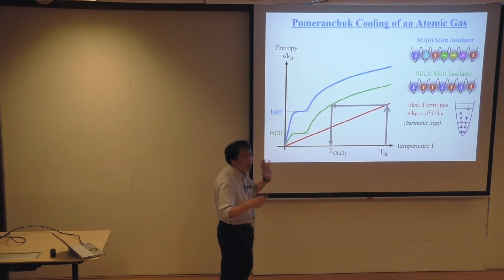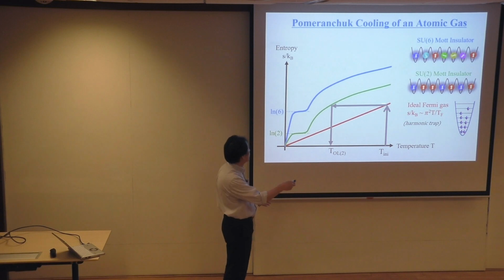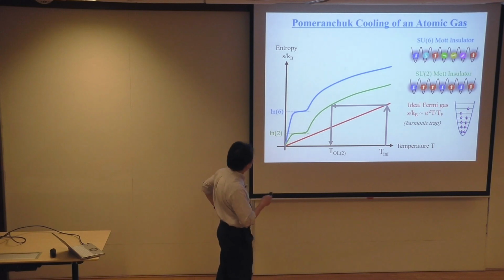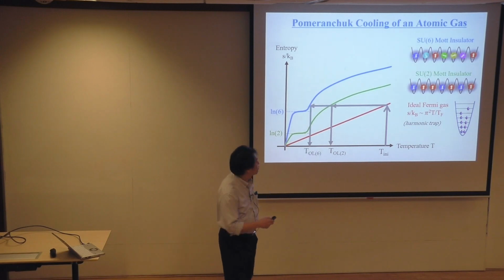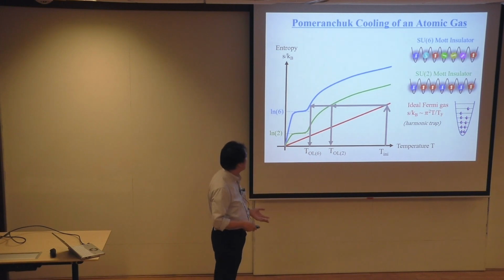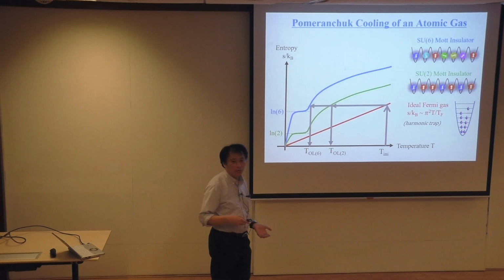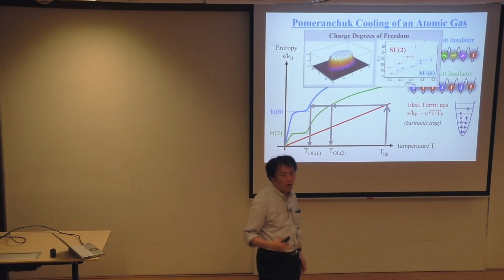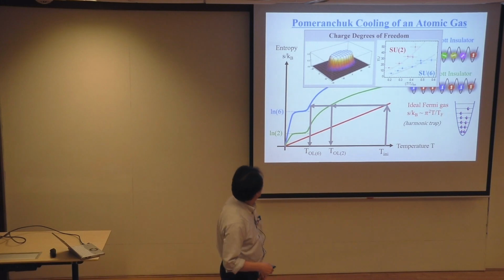Because this is an adiabatic loading process, entropy is constant during the lattice loading. And in the case of SU(6), we have a temperature here. So this is the Pomeranchuk cooling effect, which was observed in our previous experiment.